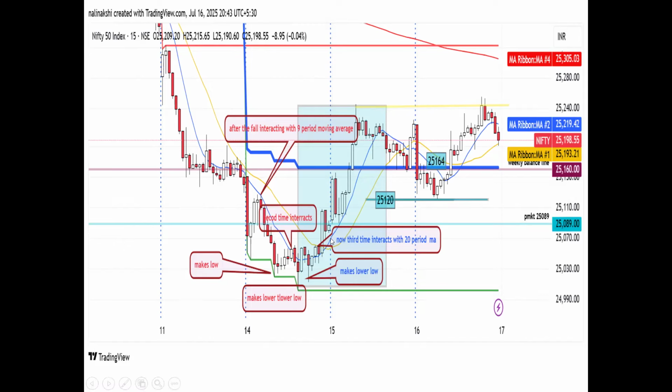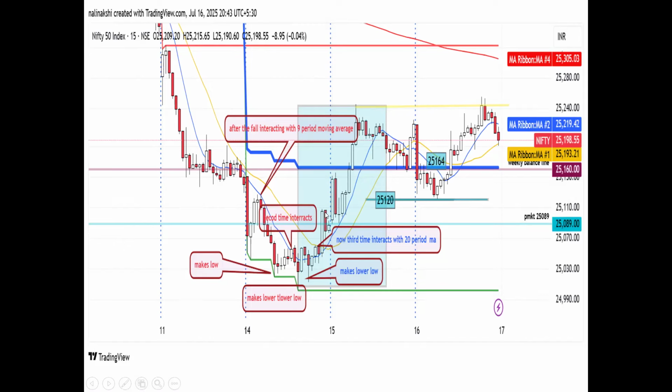So don't make the mistake of entering on a big bar, but a big bar indicates something. A big bar is indicating reversal, but the entry should not be immediately above the big bar.